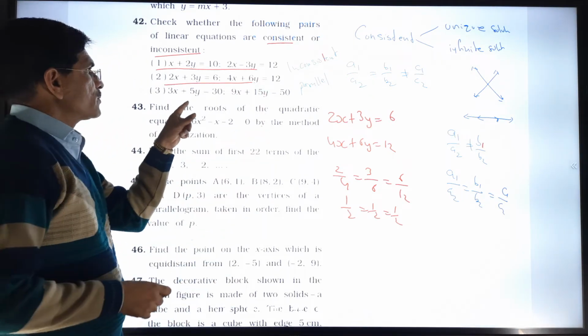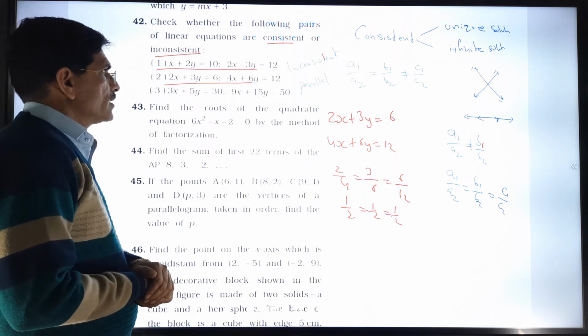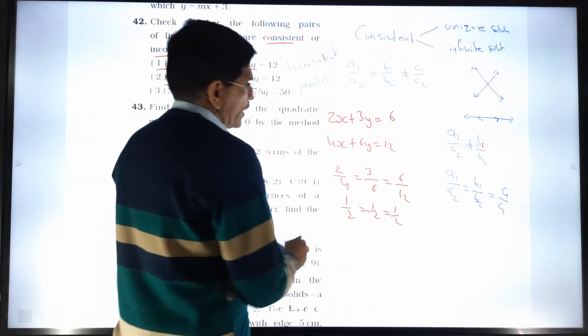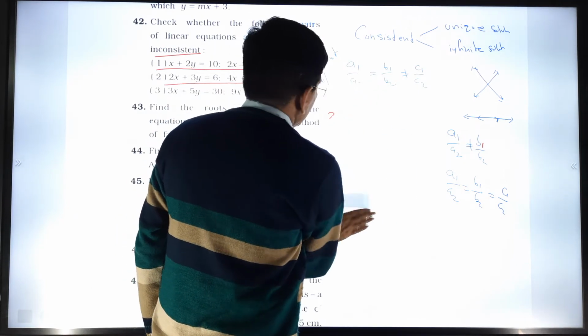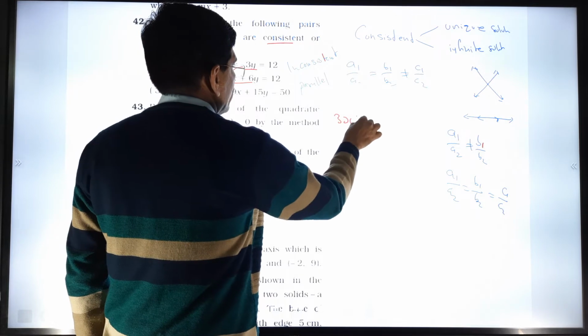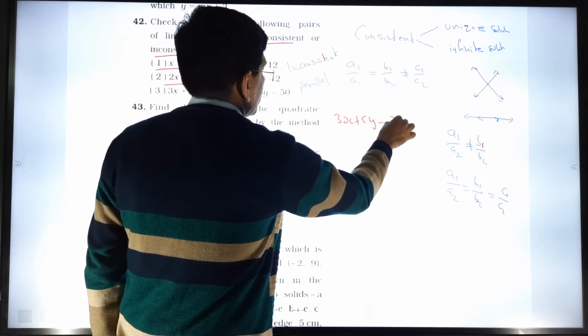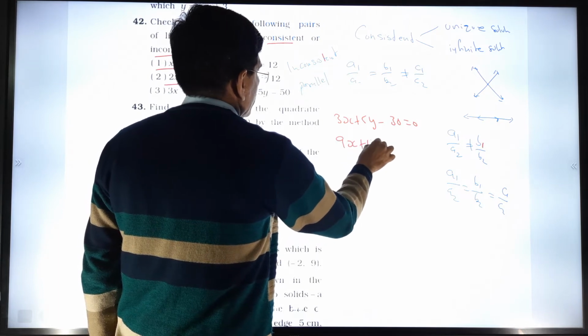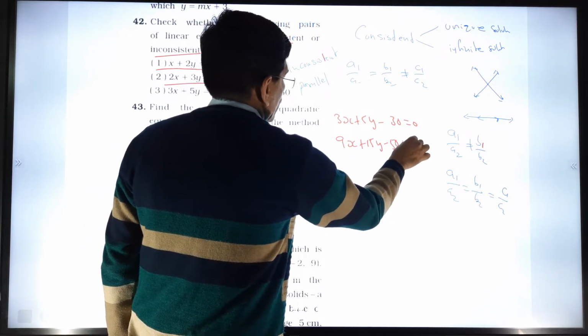Now third, 3x plus 5y is equal to 30, 9x plus 15y is equal to 50. So now we go for the third. In the third you will see properly 3x plus 5y minus 30 is equal to 0 and 9x plus 15y minus 50 is equal to 0.